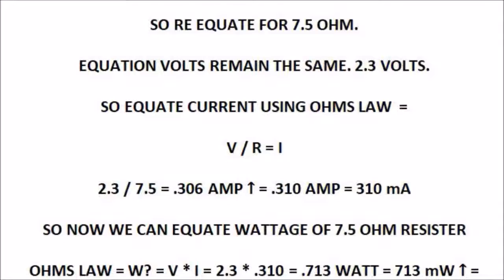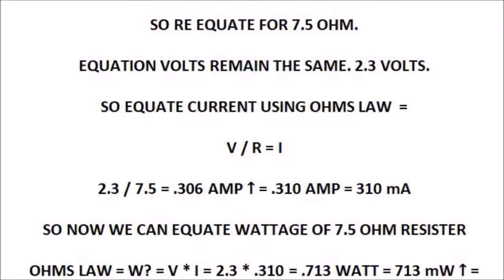The equation voltage remains the same, the 2.3 volts, that doesn't change. So equating current using Ohm's law, volts divided by resistance equals current. That's what we've got to do. So 2.3 volts divided by 7.5 ohms equals 0.36 amps.